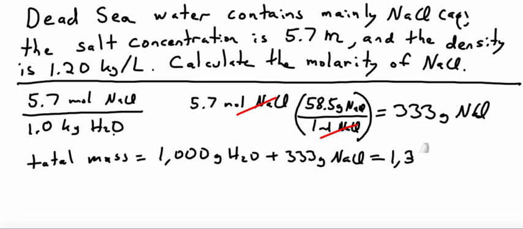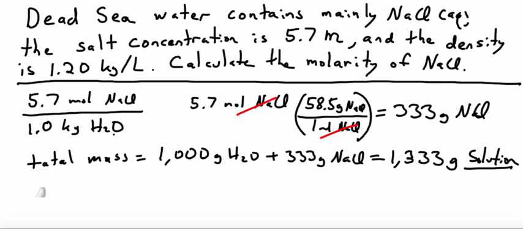So we've got 1,333 grams of solution. Now we're not just looking at the solvent, we're looking at the whole solution. And since we have the density of the solution, we can use this mass of solution to get the volume.